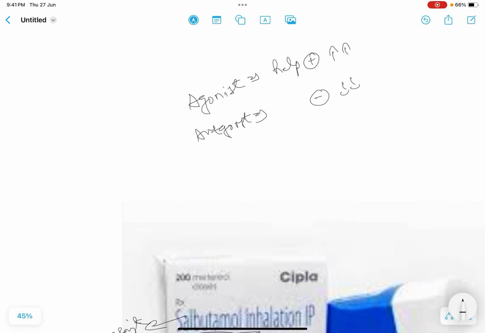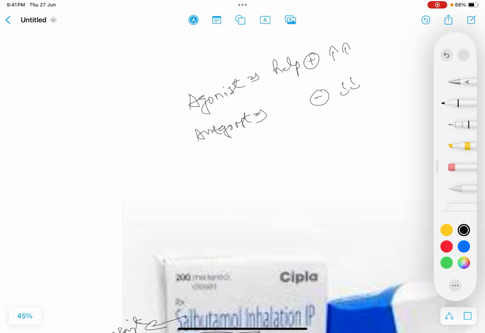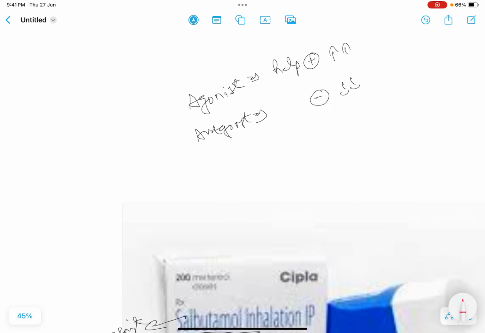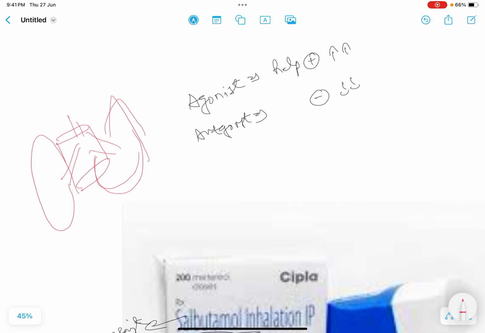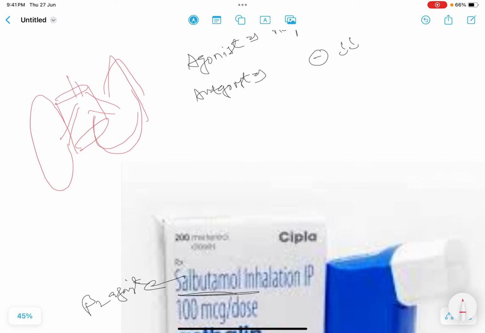You know in the bronchus, suppose I draw this bronchus. Okay, this is a bronchus. Beta will cause bronchodilation, and muscarinic will cause bronchoconstriction.